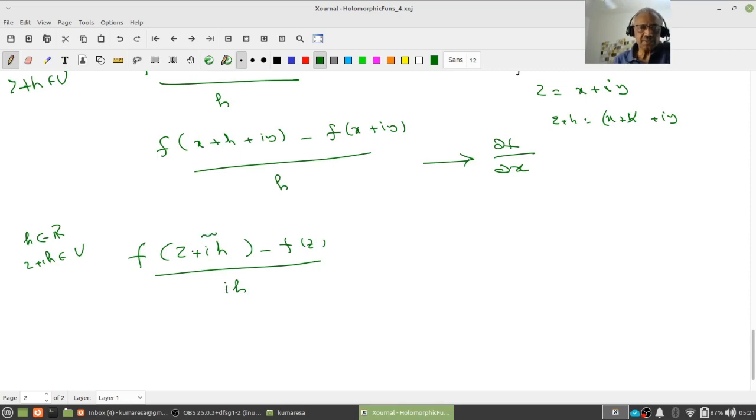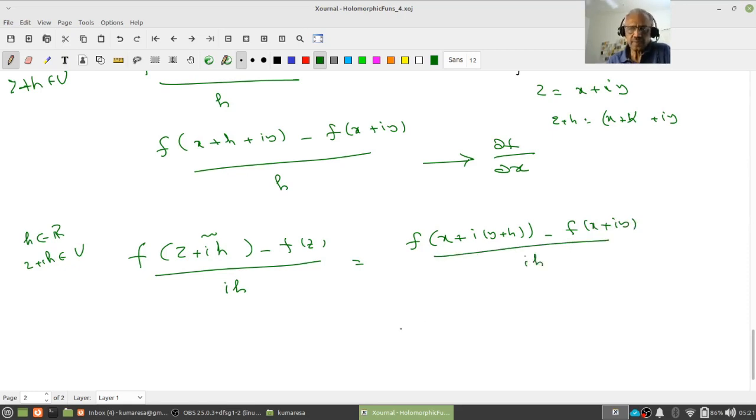The increment is ih. Don't think only h, okay? This is a mistake some of you might make, right? What does this mean? This is f of x plus i times y plus h minus f of x plus iy by ih, right?